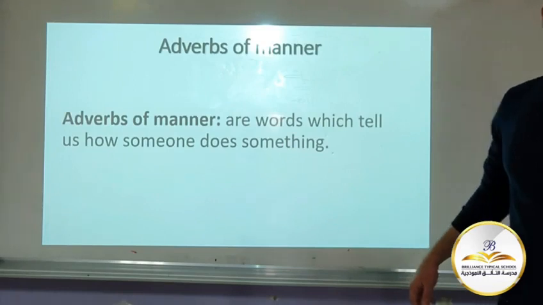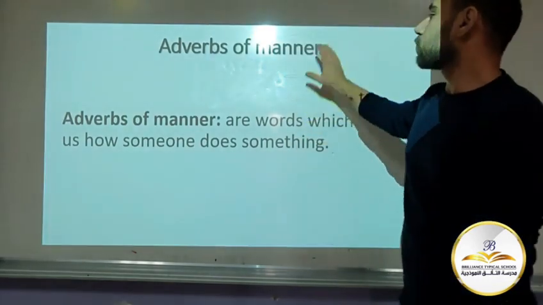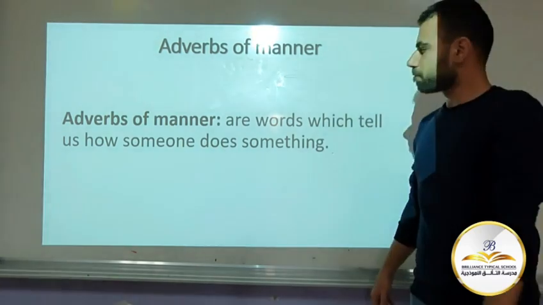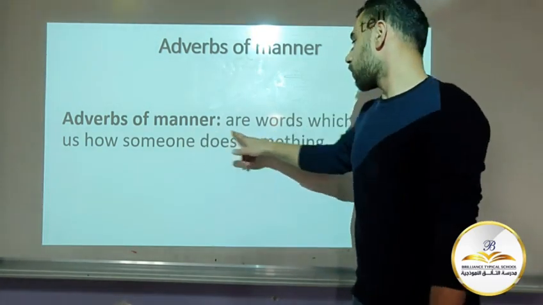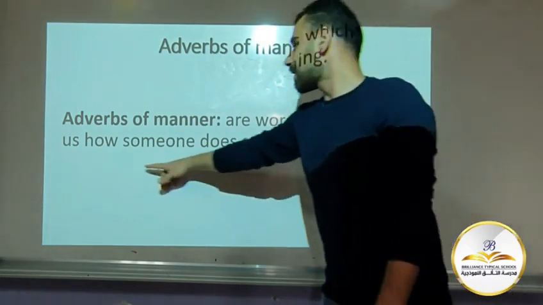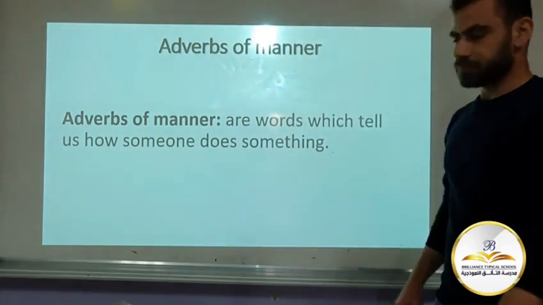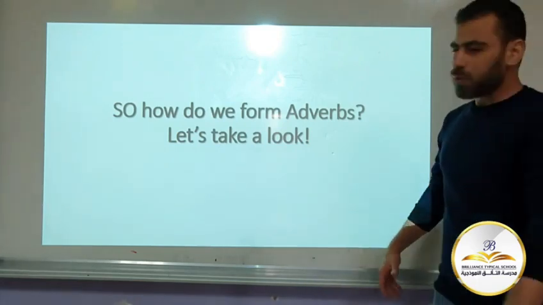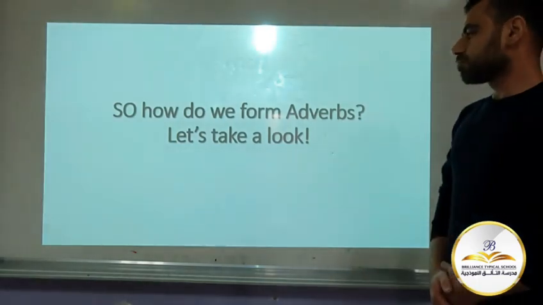Okay. In the English language, we have something called adverbs of manner. But what are they? Adverbs of manner are words which tell us how someone does something. So, but how do we form adverbs? Let's take a look.